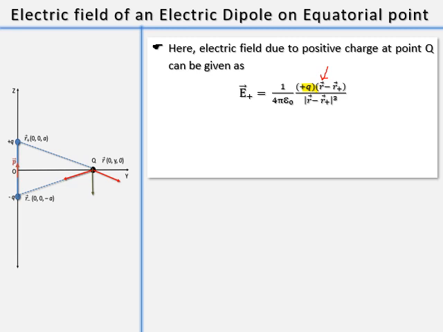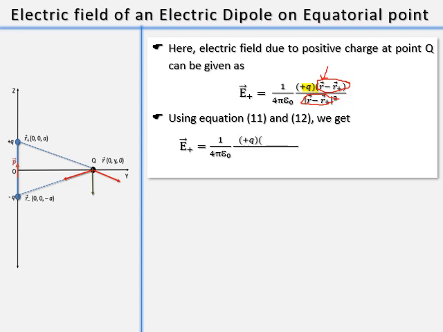Now we already have the values of r minus r positive and its modulus in our previous results. So if we use our results of equations 11 and 12, we get that E positive is 1 by 4 pi epsilon 0 times plus q multiplied by (0, y, minus a) upon the cube of the square root of y square plus a square, that is, y square plus a square raised to 3 by 2, as shown in equation 15.